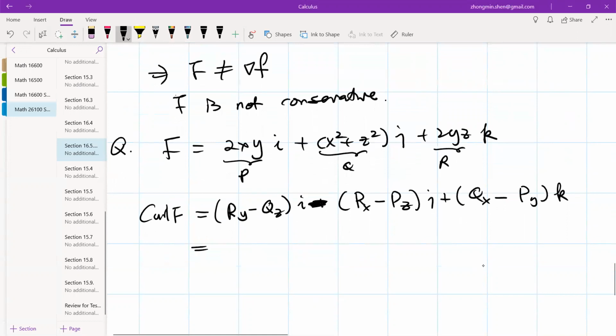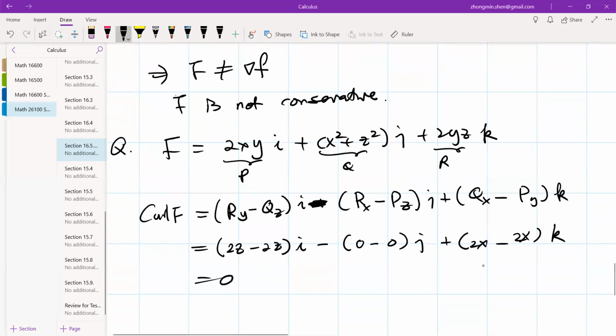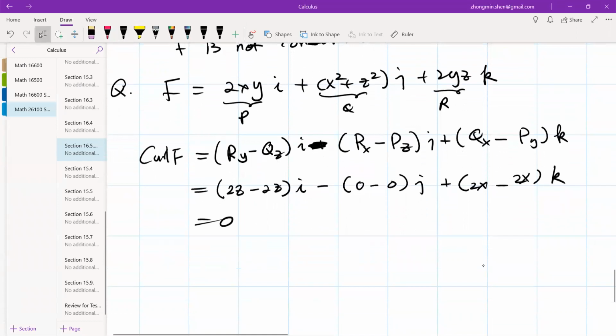Ry is going to be 2z, and Qz, the partial derivative of Q with respect to z, is also 2z, so that difference is 0. Pz is also going to be 0, and Rx is 0. And Qx is 2x, and Py, the derivative of P with respect to y, is 2x. So they are all equal to 0. Now we have a great chance to ask: is F conservative?